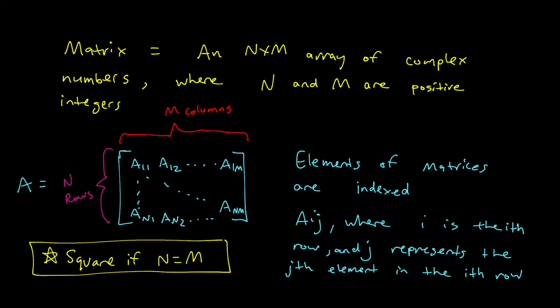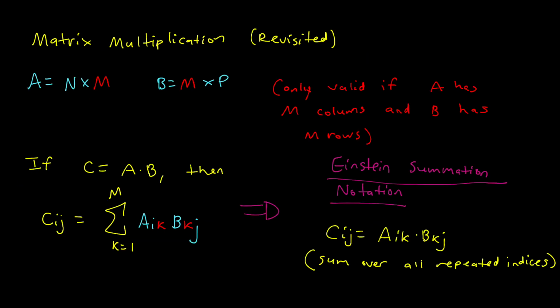A matrix is square if the number of rows equals the number of columns. In the last video, I defined matrix multiplication, and we will revisit it here. If a matrix C is A times B, then the ijth element of C equals the sum over k equals 1 to m of a_ik times b_kj.